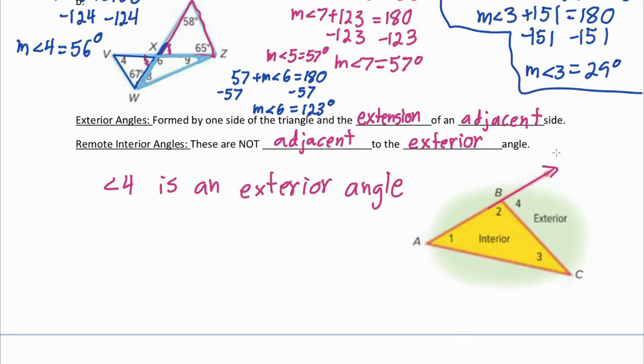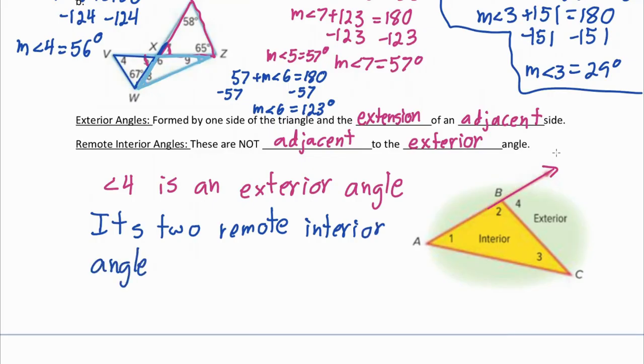So this figure has two remote interior angles. And so those are the angles that are inside the triangle, but not next to, not adjacent to that exterior angle. So 2 is adjacent to that exterior angle of 4. So our remote interior angles would be angle 1 and angle 3.